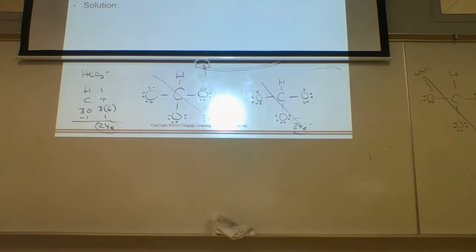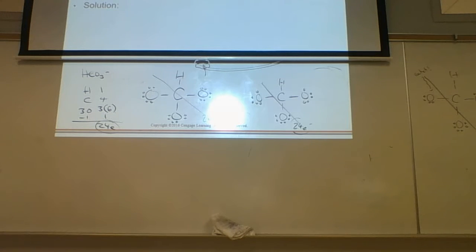This is called a bridging oxygen. This is called a terminal oxygen. We complete the octets to the terminal oxygens first, like that. And then we'll complete the octet to the bridging oxygen, like this. But this carbon is short of an octet, so we'll just throw in another lone pair there.